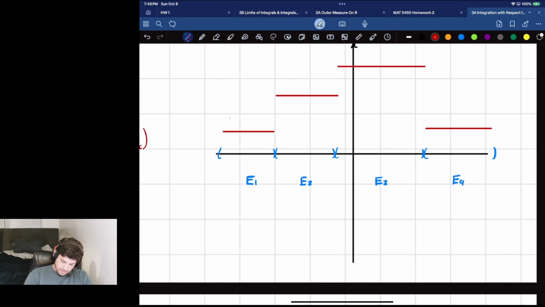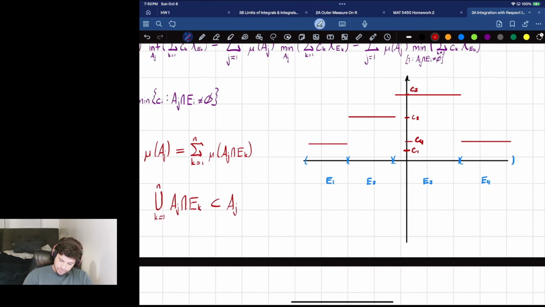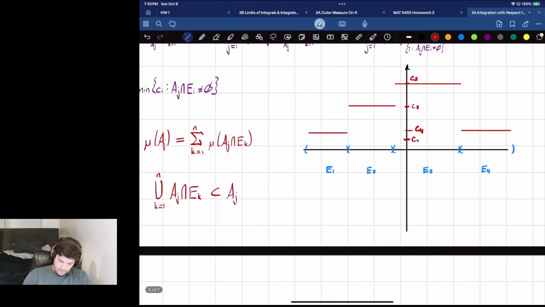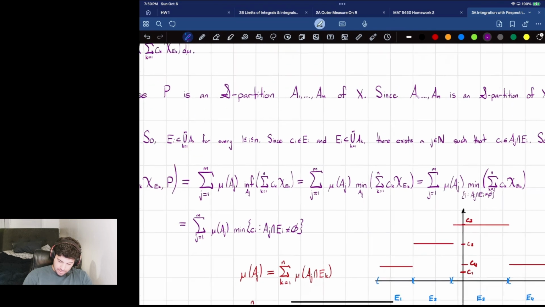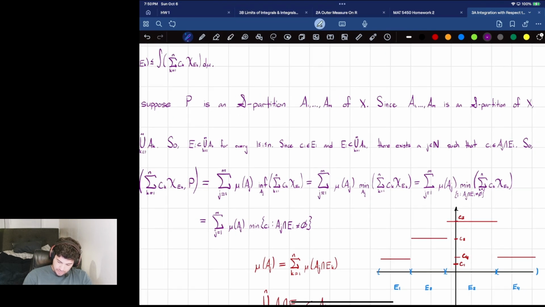And this is C1, this is C2. Well, let's just write it here: C1, C2, C3, C4. Okay, and then A is another partition. Is it disjoint? I don't think it is.